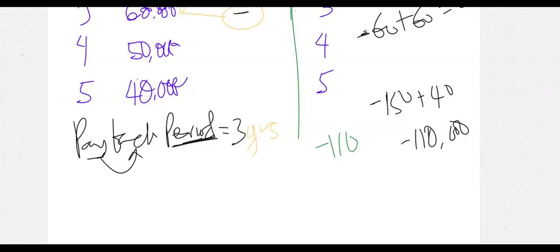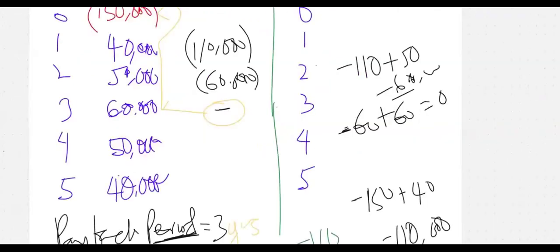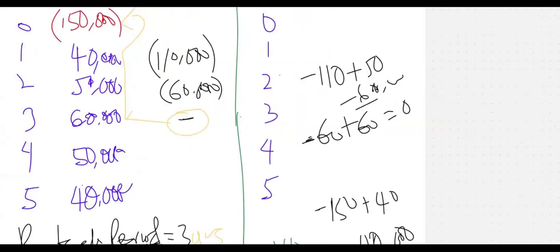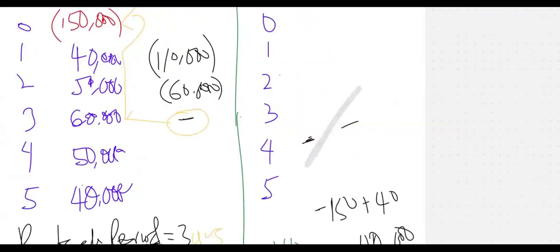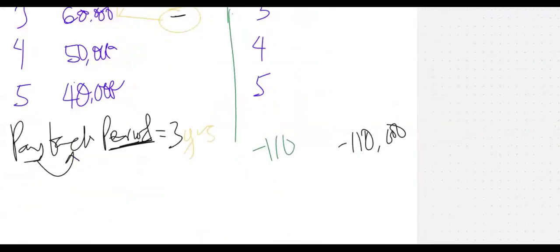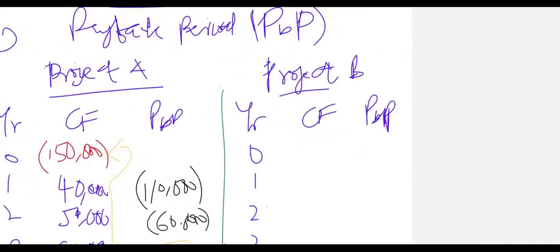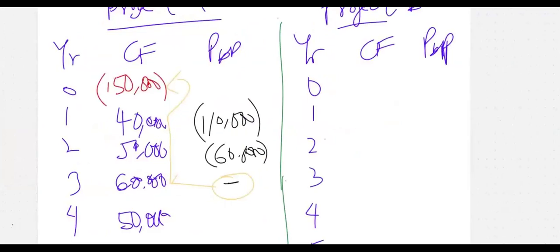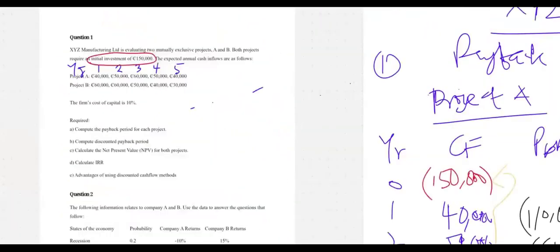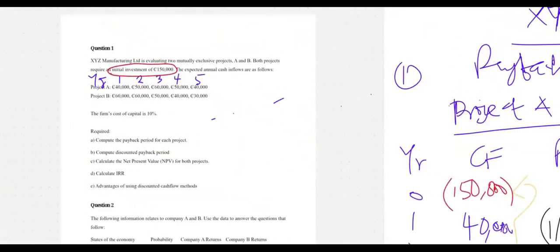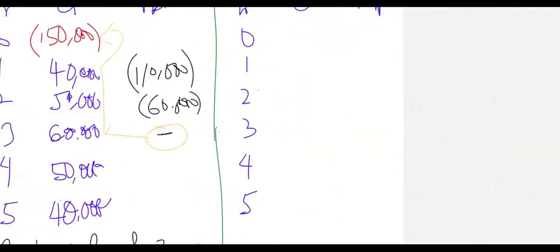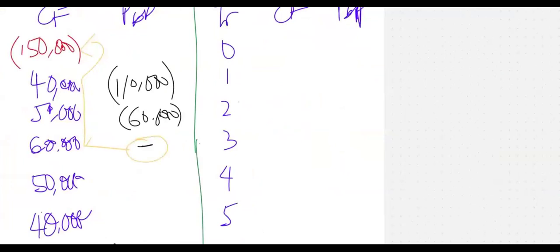Let's go to project B. The same approach, the same concept. So let's look at the cash flows for project B. We have 60, 60, 50, 40, 30. That's the cash flow.